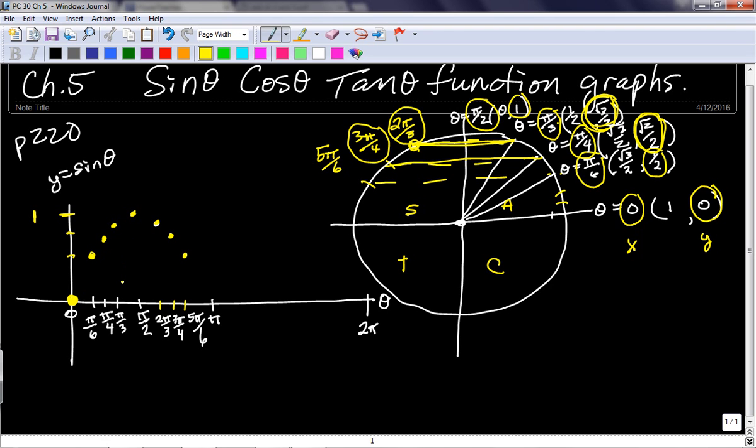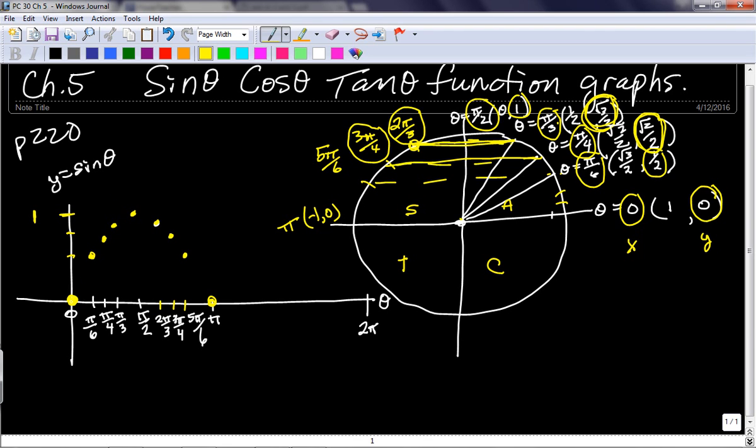Everyone see that? And then pi, what would be the coordinates for pi? Well, it's going to be -1 and what? 0. So you have a 0 here. So from the unit circle, we're able to map the values of the sine function and how they're connected with the theta. Okay?